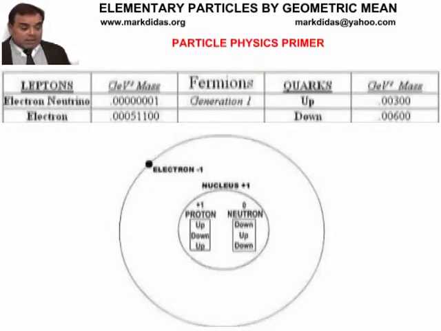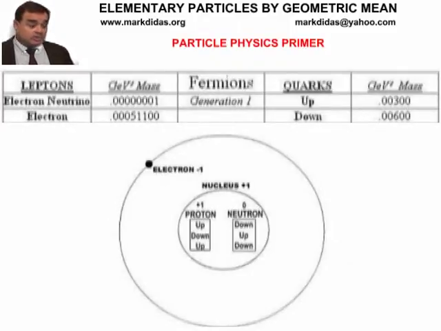The nucleus of any atom, its protons and neutrons, is constructed strictly from up and down quarks only. Hydrogen consists of 1 electron and 6 quarks, with 3 quarks for the proton half of the nucleus and 3 quarks for the neutron half of the nucleus.